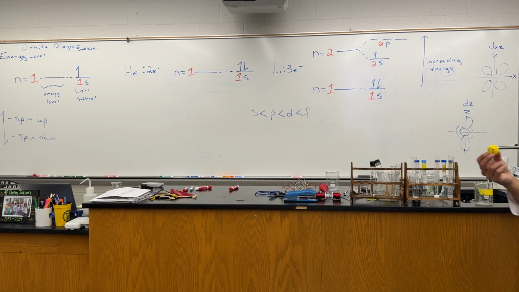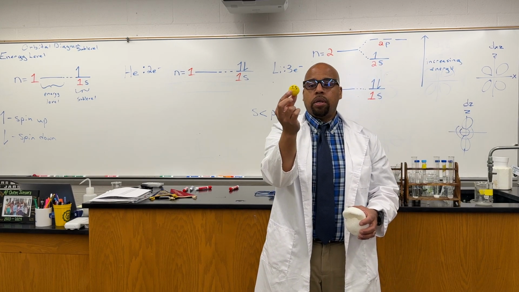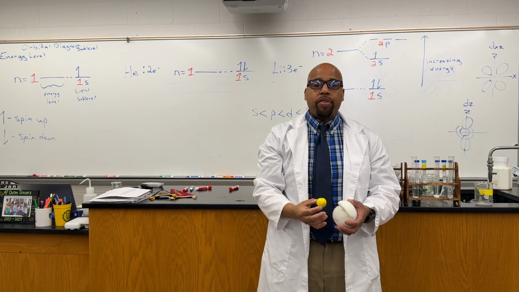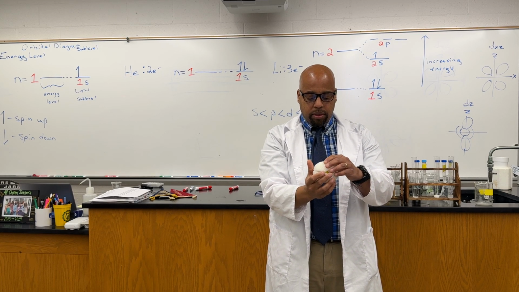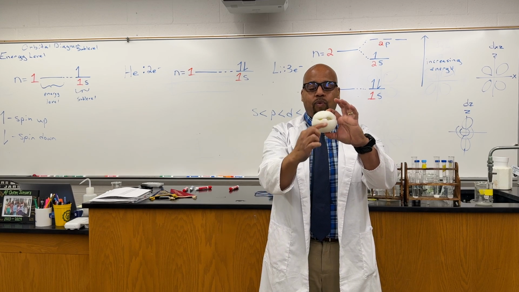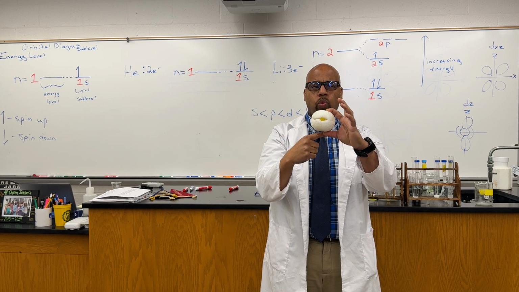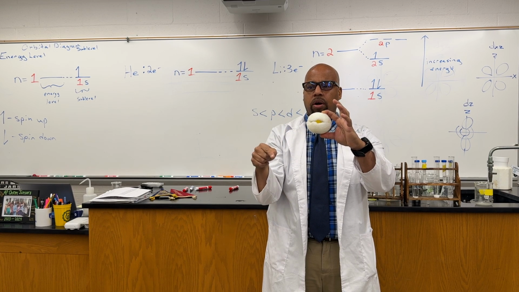It says 1s. So what we can imagine here is I've got 2 electrons on the surface, making this 1s. But then I need the 1s to go inside the 2s. The 2s is going to have one electron on the surface right here as well. We said the 1s is smaller, the 2s is larger, and eventually we get to the 3s.